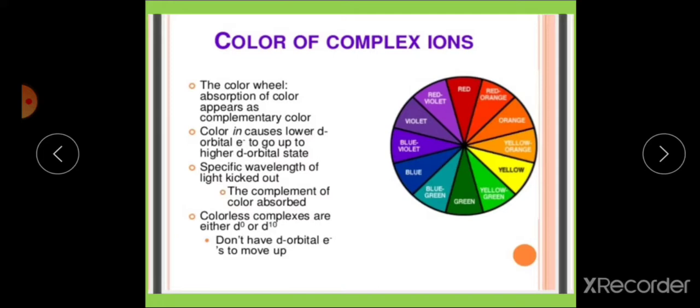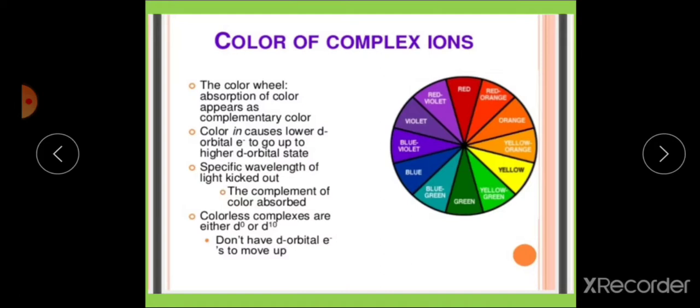But when this solution is treated with concentrated hydrochloric acid, it turns into a deep blue colored solution. This change is due to the formation of another complex, the cobalt chloride 2 minus complex, CoCl4 2 minus, which has a tetrahedral structure.